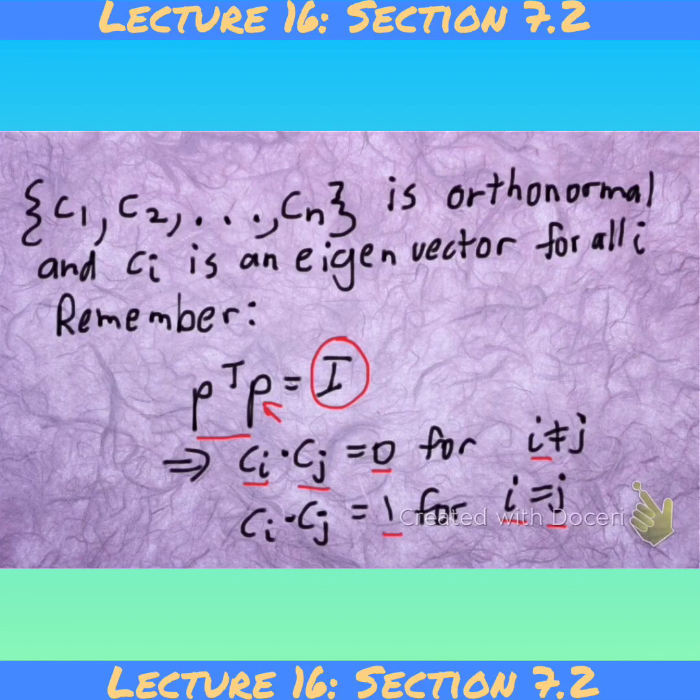So it's going to have 1s on the diagonal and 0s everywhere else.